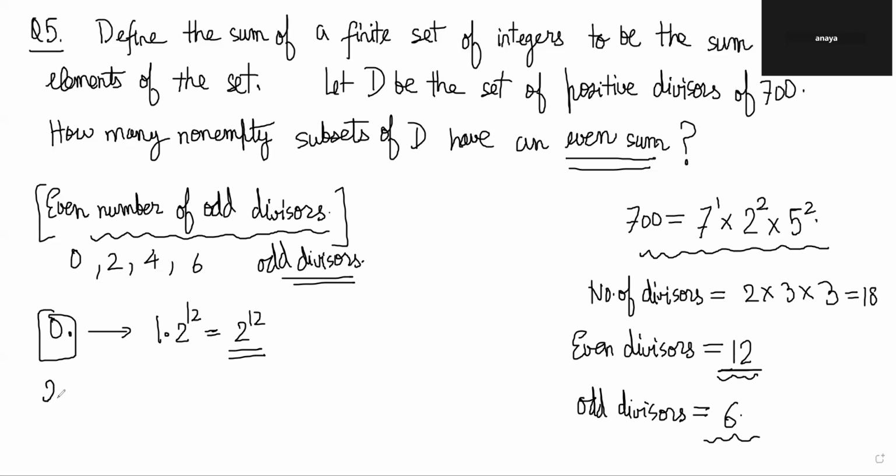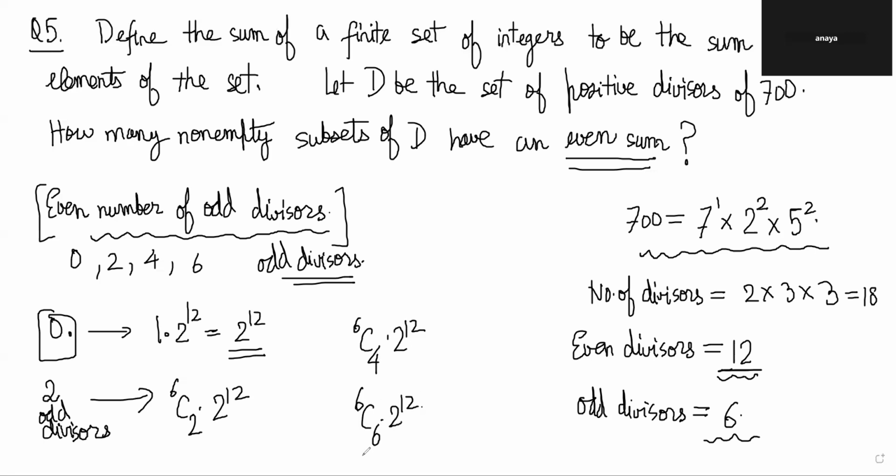If you select two odd divisors, how many ways will there be? 6 choose 2 times 2 to the power 12. Similarly, you have 6 choose 4 times 2 to the power 12 and 6 choose 6 times 2 to the power 12.